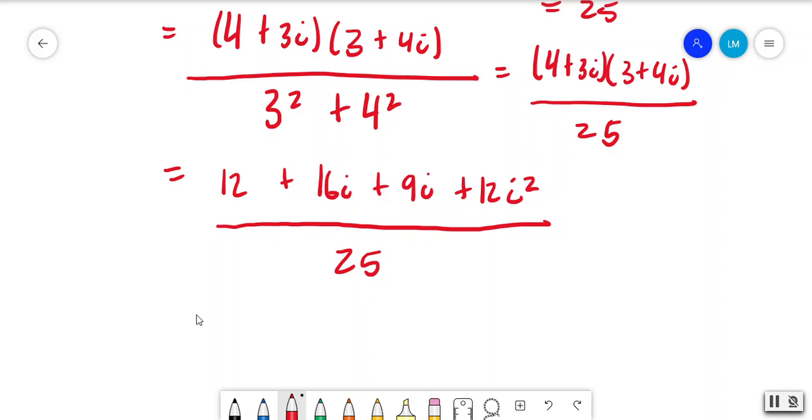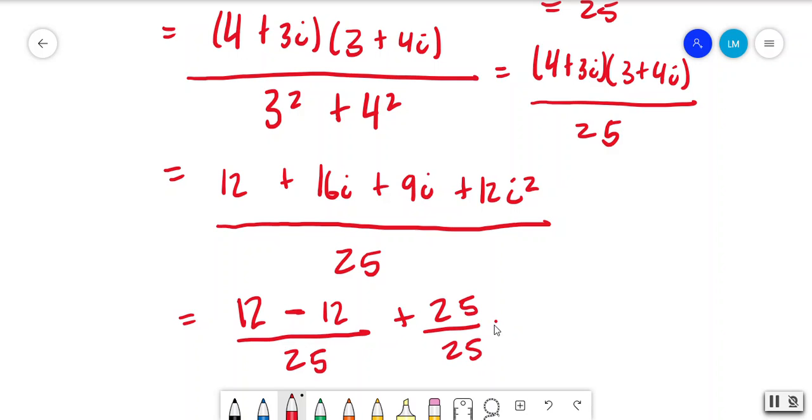So essentially, this is going to be 12 minus 12, all divided by 25, plus 25 divided by 25i.